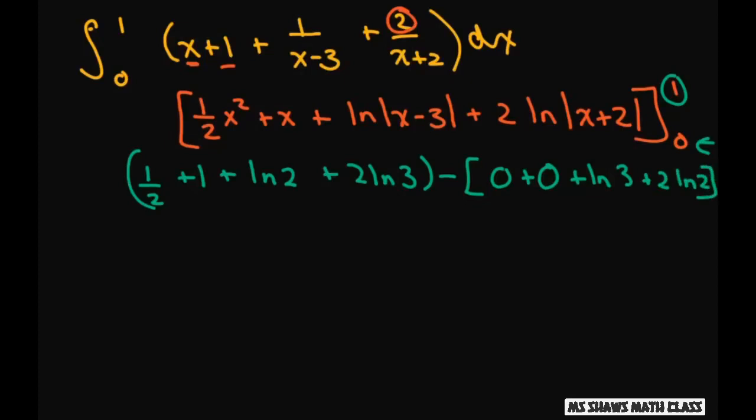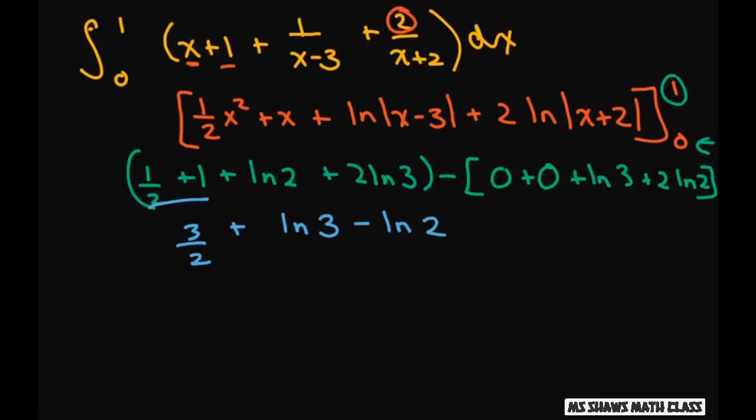And simplifying further, we're going to add those two, you get 3/2 plus ln of 3 minus ln of 2.